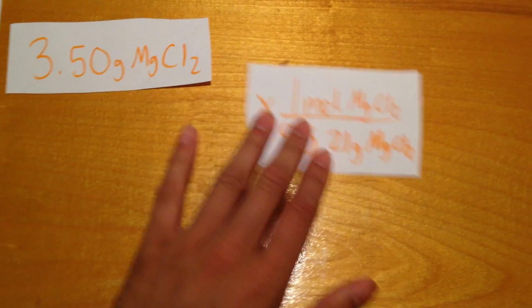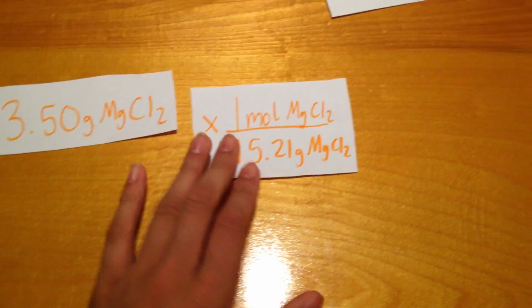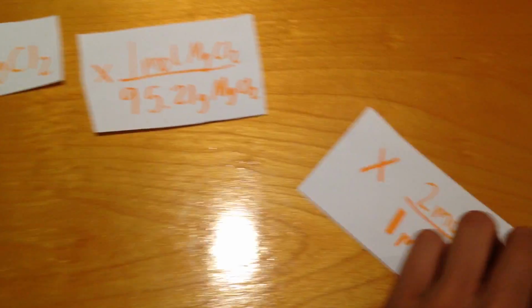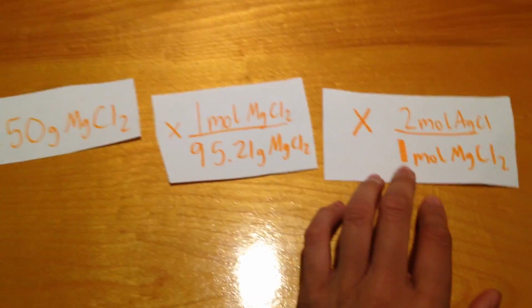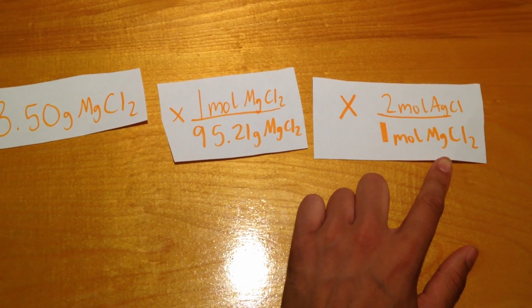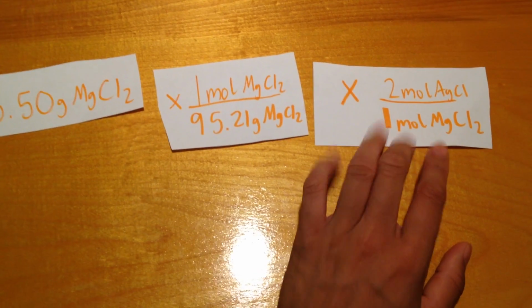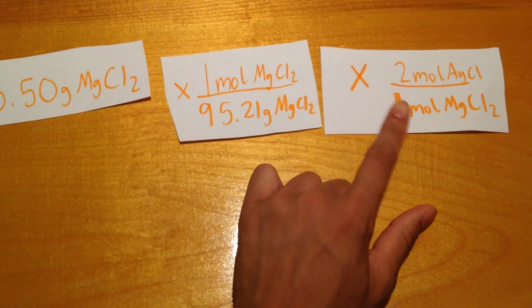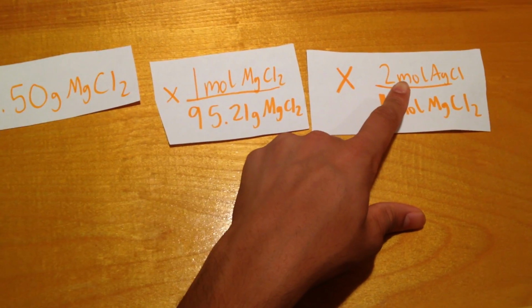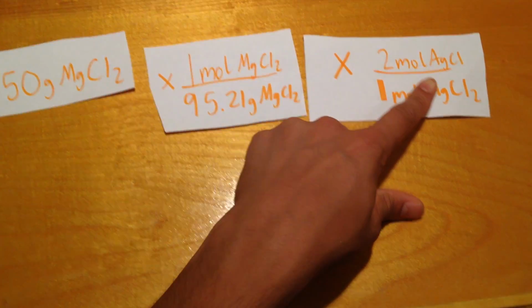After that, I have to find the moles of silver chloride part of the equation. So next, I have to multiply by 2 moles of silver chloride over 1 mole of magnesium chloride. Once I do that, there's the same unit on top and the bottom, and now I'm able to find the amount of moles of silver chloride.